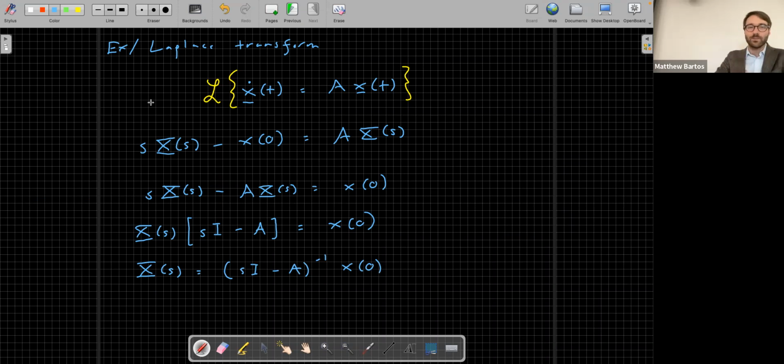And then all we have to do is, what do you think we can do to get the solution in the time domain? Inverse Laplace transform.